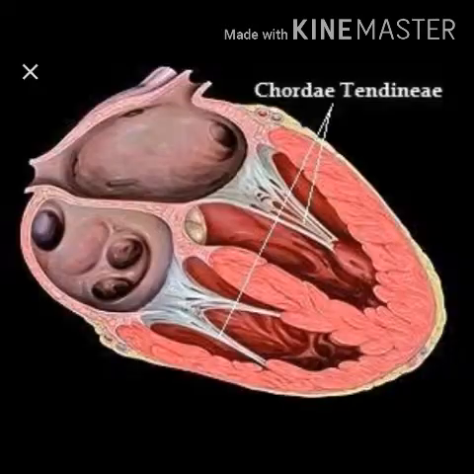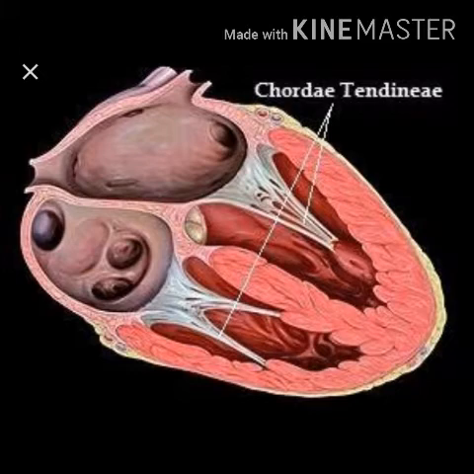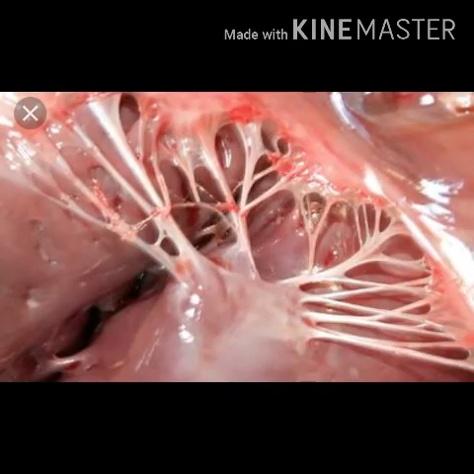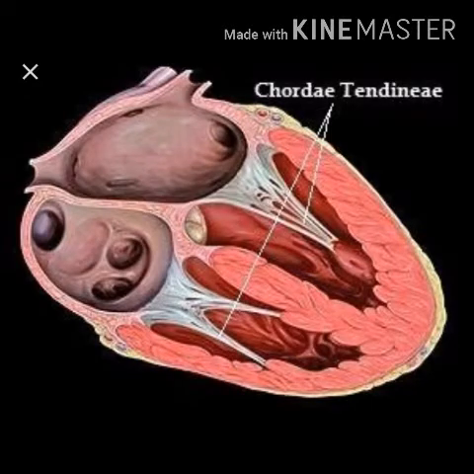During ventricular contraction, these cords contract and become tense. They prevent the valves from turning inside out and opening into the atria. The valves remain closed, thus preventing the backflow of blood from the ventricles into the atria.